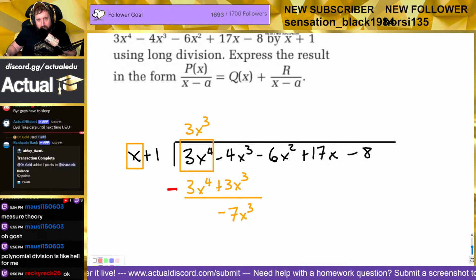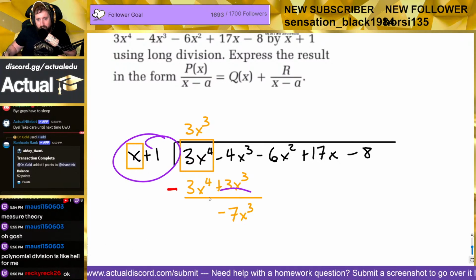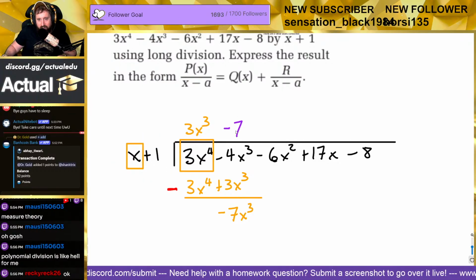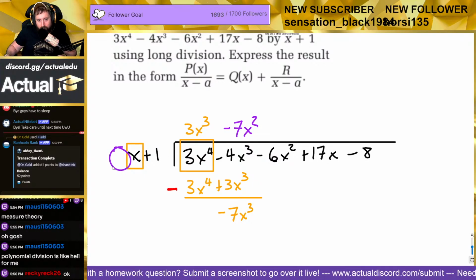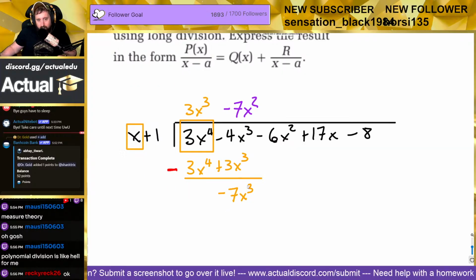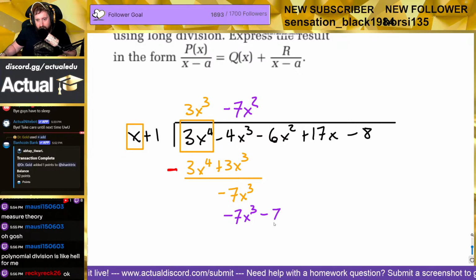You don't like polynomial division? I think it's fine, dude. It's not that bad. So then this goes in negative 7x squared times. You want this times this to get you the power, and then whatever the coefficient is in front of here times this to get you the coefficient here. So now I have negative 7x to the third, and then we say minus 7x squared.